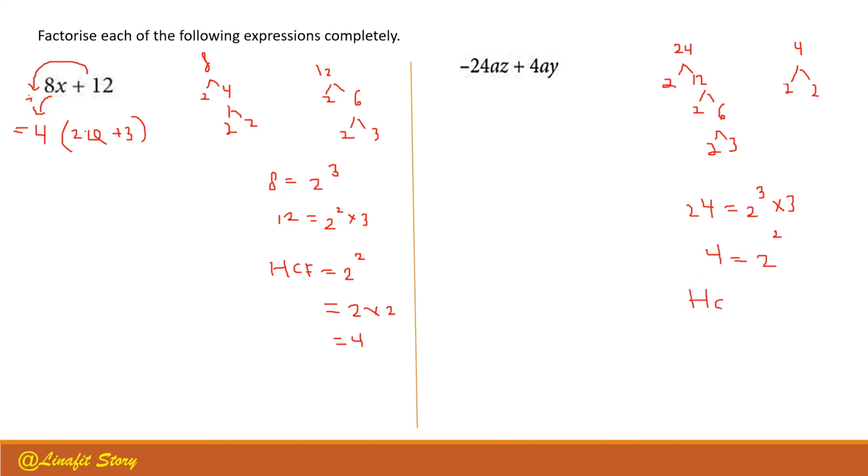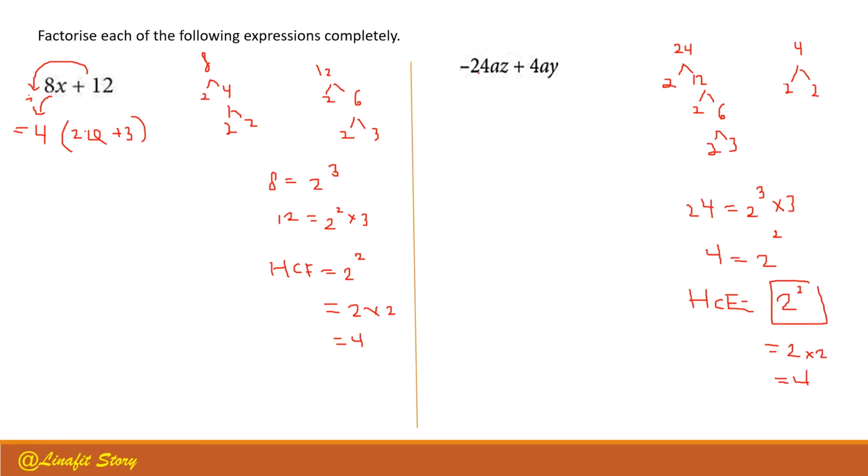So the HCF of 24 and 4 is 2 squared. Remember, when you are finding the HCF, you must choose each of the common prime factors with the smallest index. 2 squared means 2 times 2 is equal to 4.